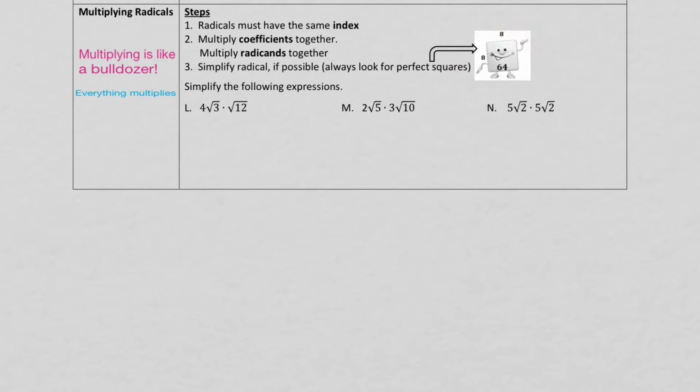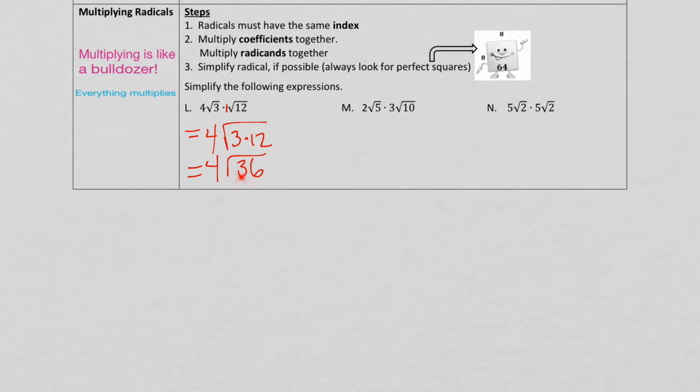So for example L. In this case, I have the same index of 2 and 2, so they're both square roots. So I multiply 4 times, there's a 1 here, so 4 times 1 is 4, those are my coefficients. And then I multiply together the two radicands, in other words, 3 times 12. So 3 times 12 will be 36. So I get 4 radical 36. Once I do that, my last step is to look at my result and see if I can simplify this square root a little bit more.